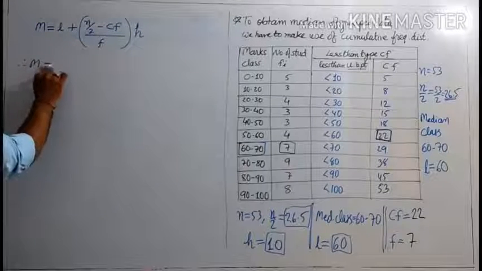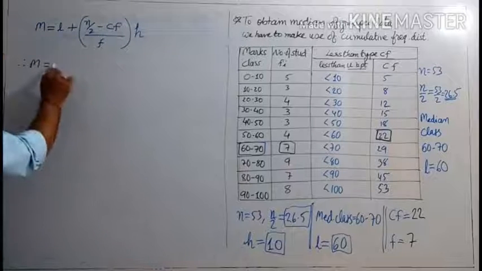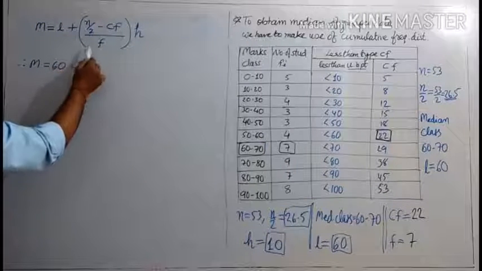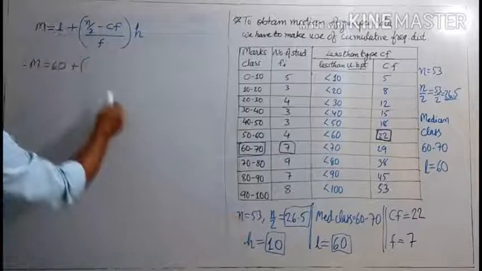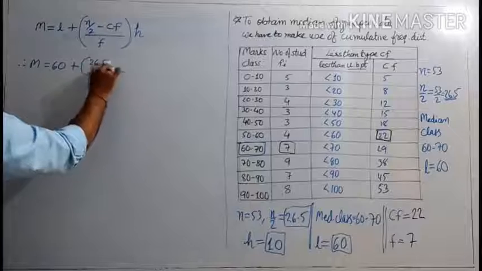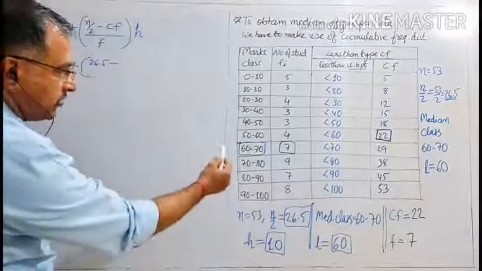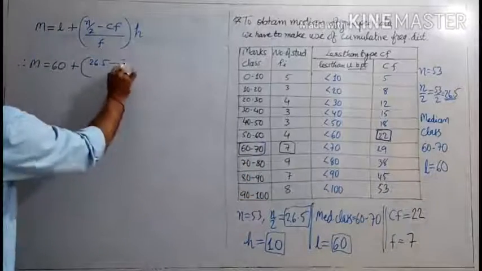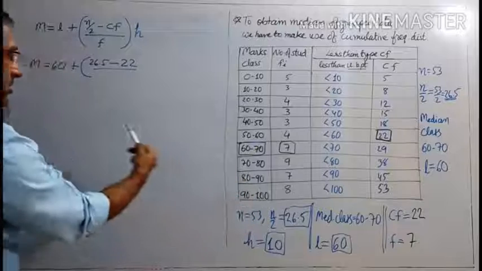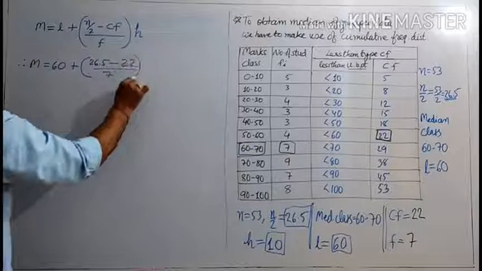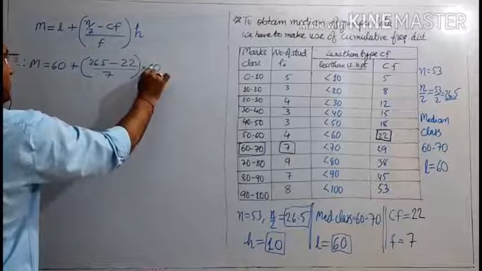Therefore, the median of this data: we have already calculated L, that is lower limit 60, plus n by 2. So n is equal to 53, so n by 2 is 26.5, minus the cumulative frequency of the class previous to the median class, that is 22, divided by the frequency of the median class, that is 7, multiplied by the class width, which is 10.